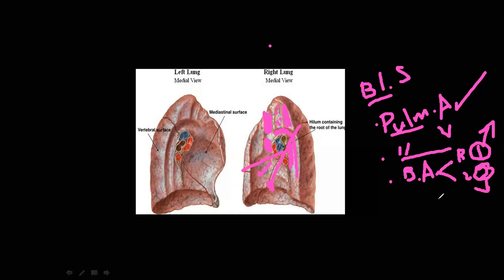And also we have a bronchial vein: the right one drains into the azygos, and the left one into the hemiazygos. This is regarding the blood supply of the lung. Please, this is for you, even in clinical. Please don't forget this.